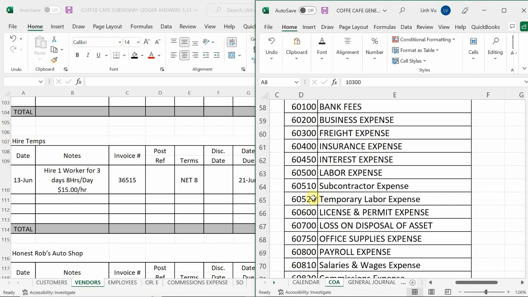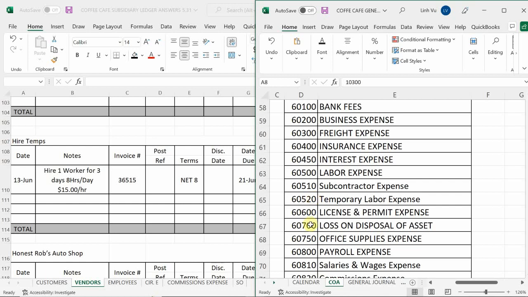Now, subcontractor, technically, yes, they're an independent contractor. Yes, they would fall under that category, but we actually have a better account to use, which is the temporary work labor expense. So in this case, we would definitely categorize it as that one.